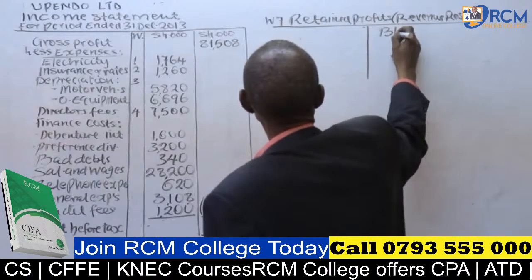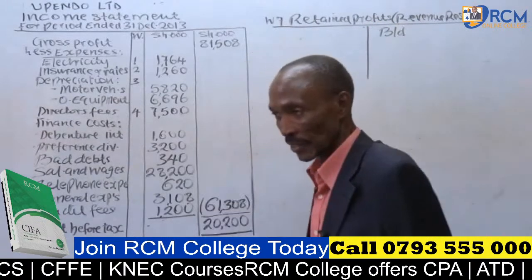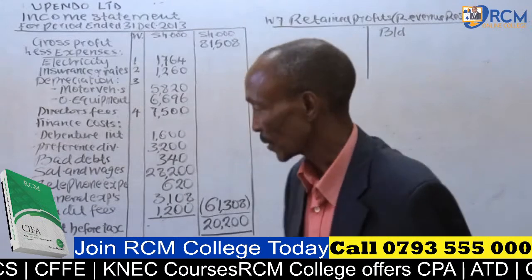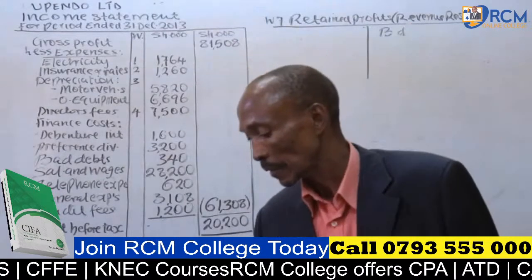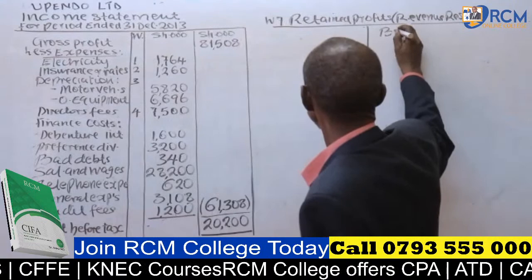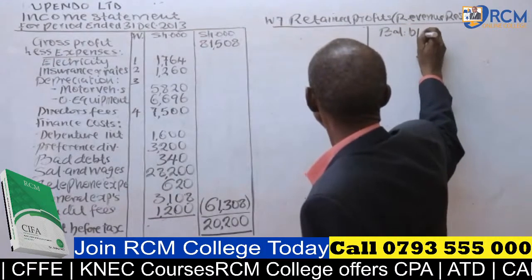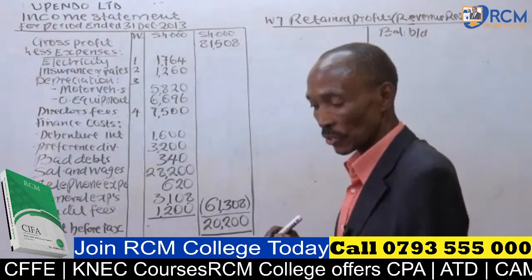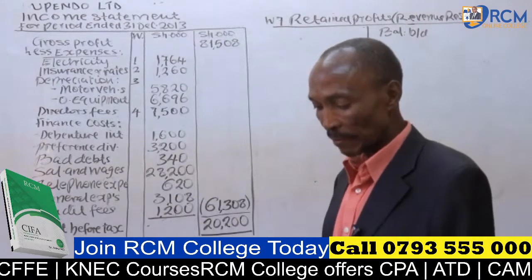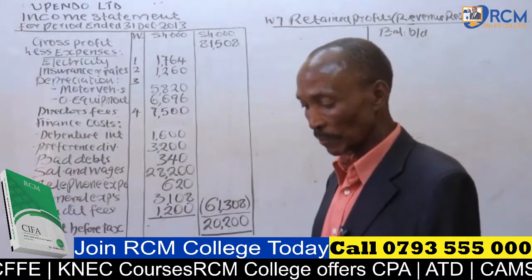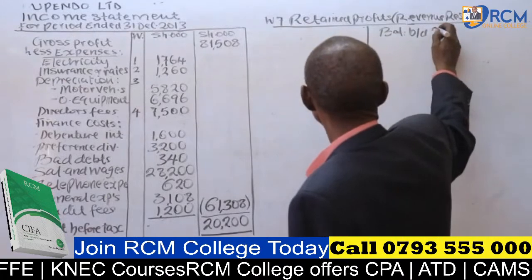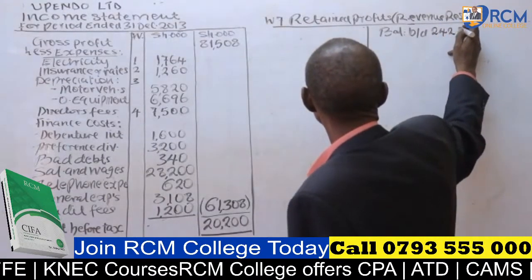So what happens? You are given a balance, retained earnings at 1st January 2013, which was 24,252.